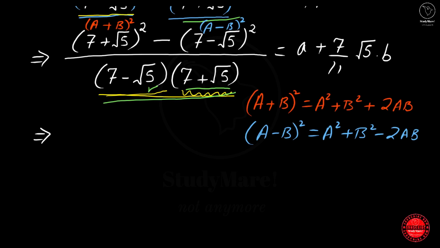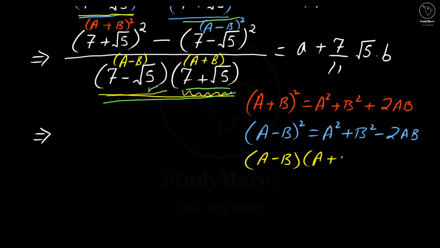And here we have 7 is a, root 5 is b. So we have a minus b. Similarly, here we have 7, that is a, already seen it, plus root 5, which is b. So we got another here, that is (a minus b) into (a plus b). This identity is a square minus b square.